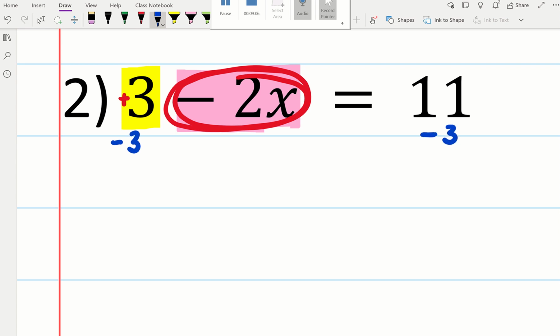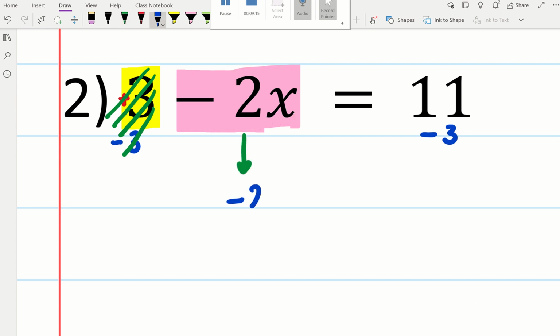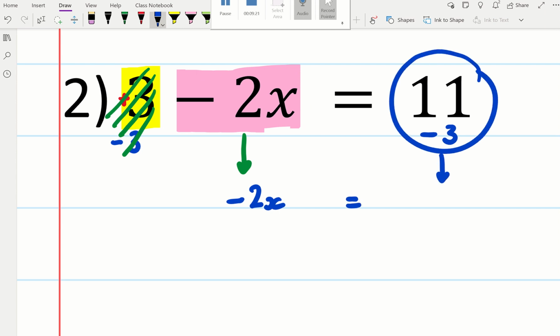And I subtract 3 on the other side of the equal sign. Those two cancel. And I am left with minus 2x equals, that is 11 minus 3, which is 8.